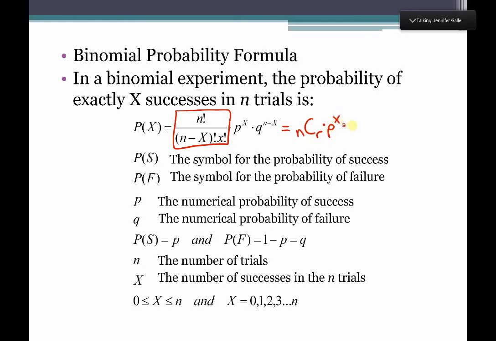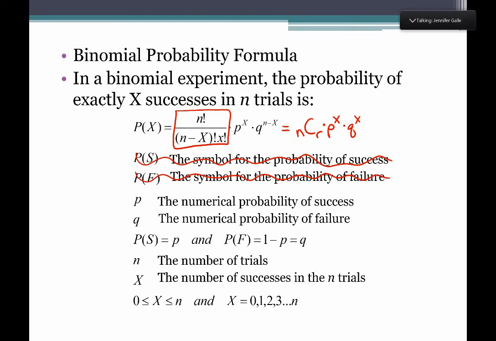And to be honest, for our purposes, this P of S thing is not appearing in that formula. So let's try to condense this down a little bit. Don't worry about those. That notation isn't in our formula anywhere. Let's worry about the things that are.